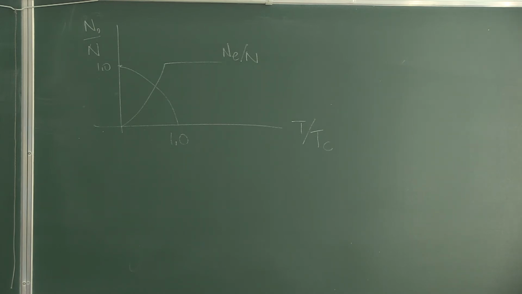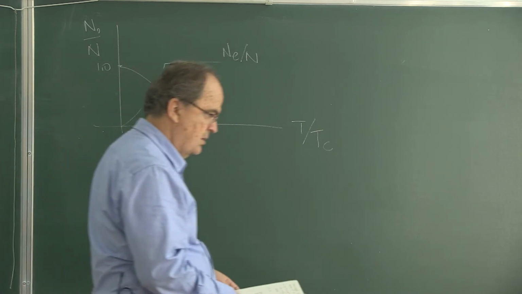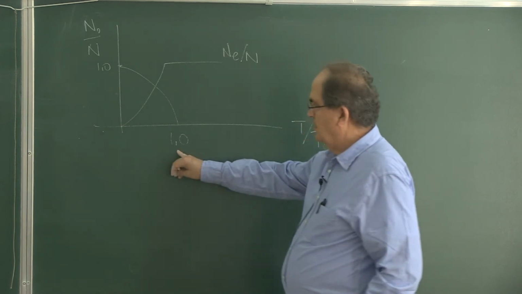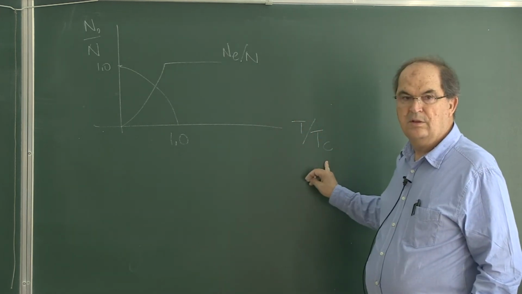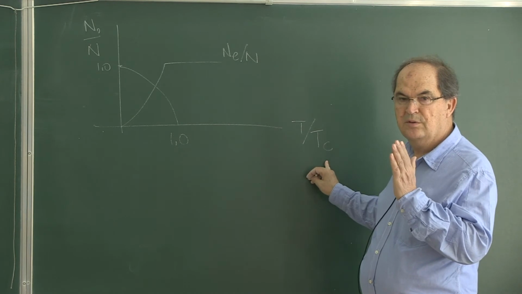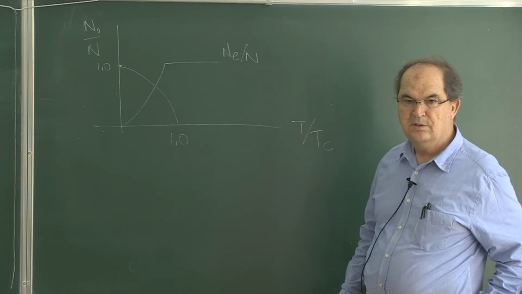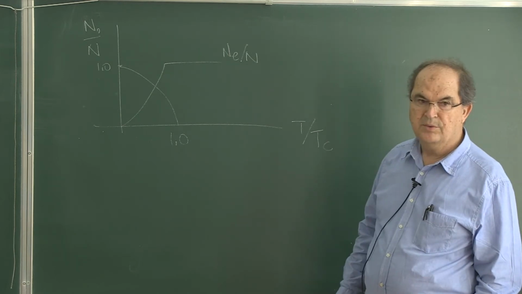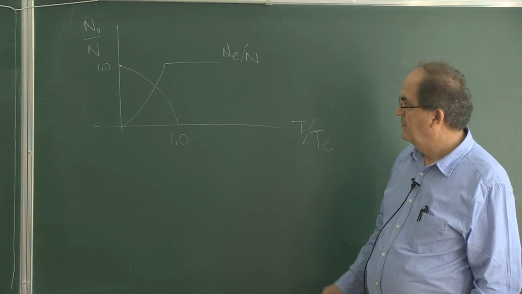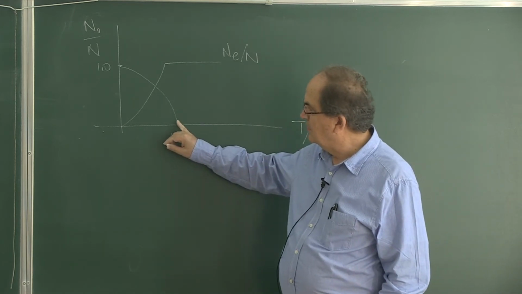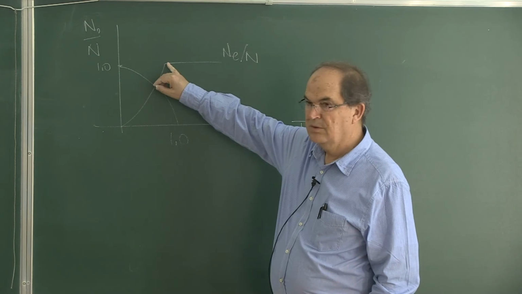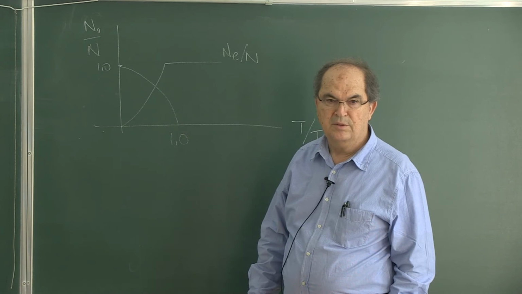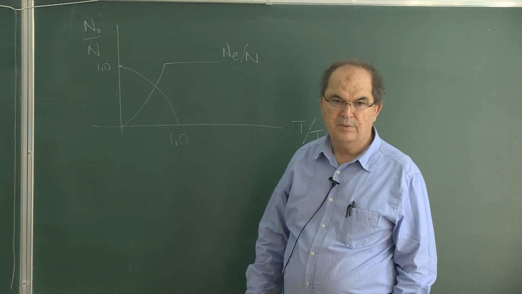Can we see this clearly? The value 1 is where T equals Tc, where the important condensation starts. Okay? Characteristic temperature for the system. As the number in the ground state increases, as you see, the number in the excited states starts to drop. When the total number is fixed, that's what should happen, isn't it?